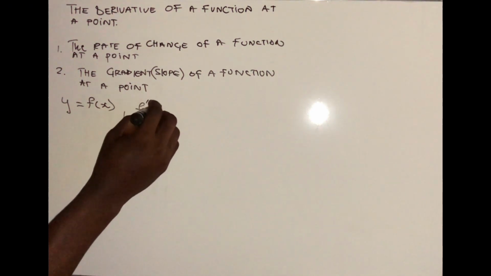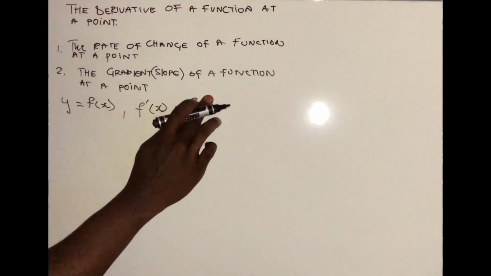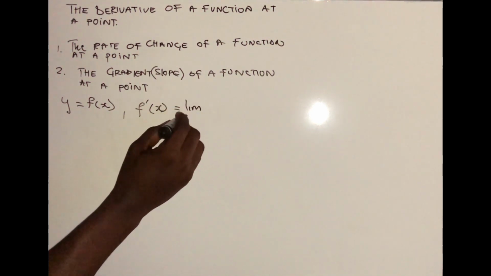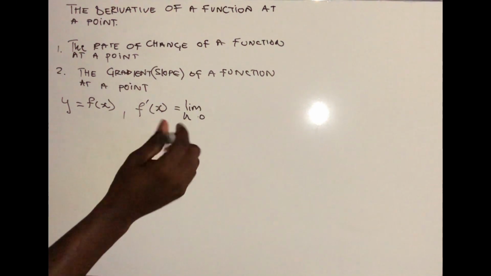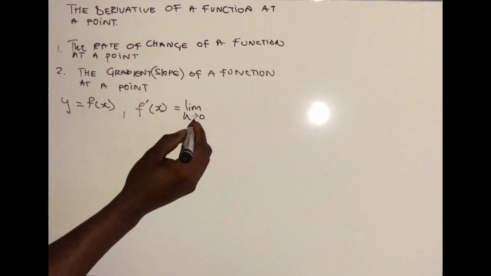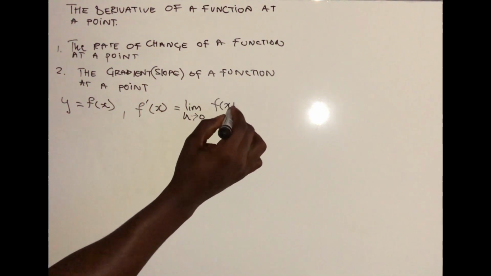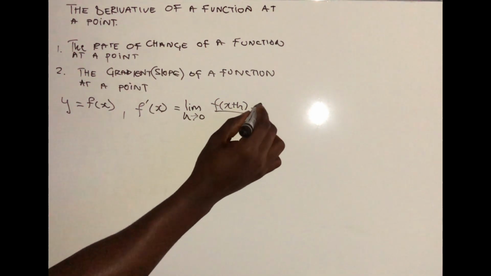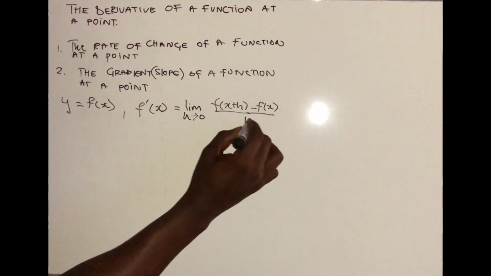F prime of x equals the limit as h approaches 0 of f of x plus h minus f of x, divided by h.